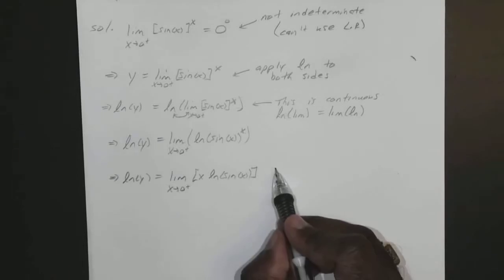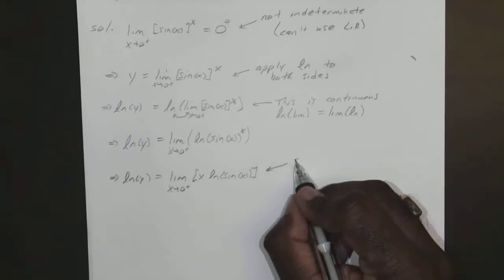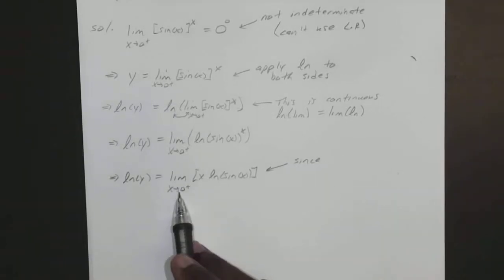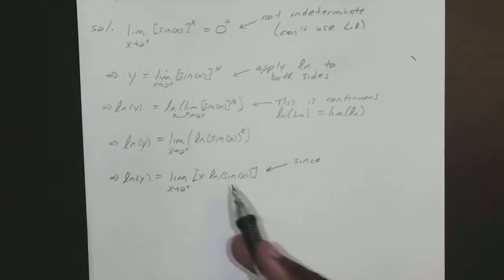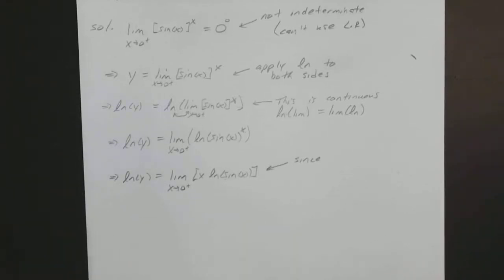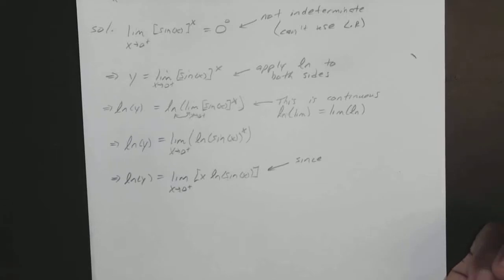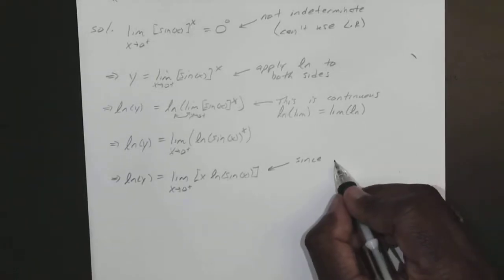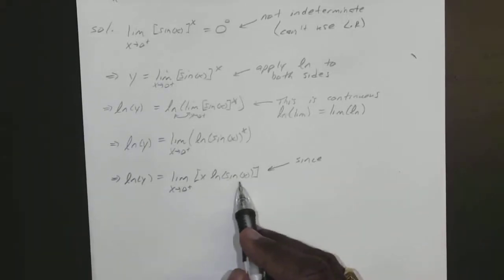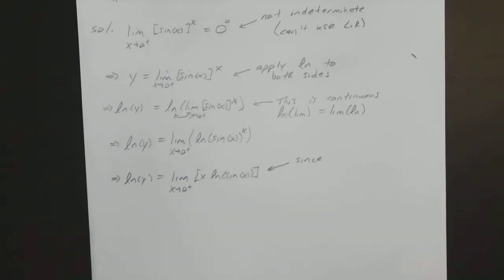Okay, now this, we know if we plug in 0, we can't have natural log of 0. That would just give us 0 times natural log of 0, which is infinity, because it's not actually 0, it's just getting smaller and smaller.